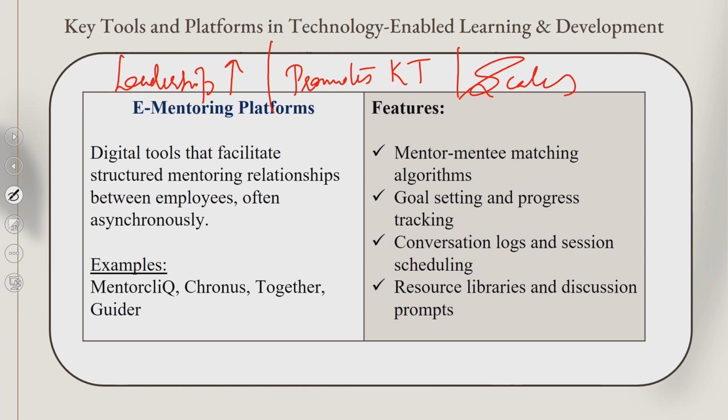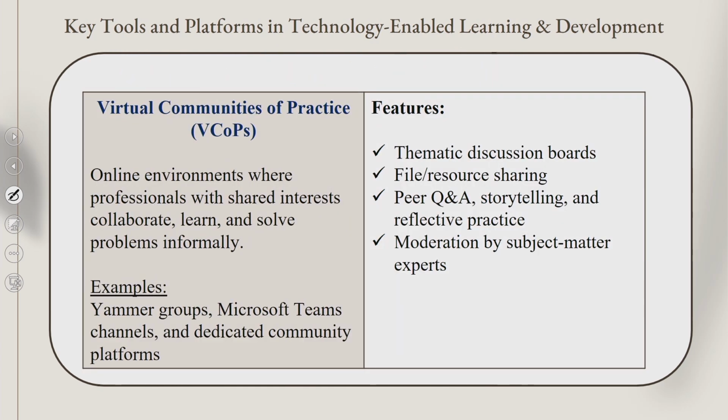Now let's look into something more interesting, which is VCoPs, or virtual communities of practice. Virtual communities of practice, for the people who don't know, are online environments which create a conducive setting where professionals with shared interests collaborate, learn, and solve problems informally. You have typical features like thematic discussion boards.